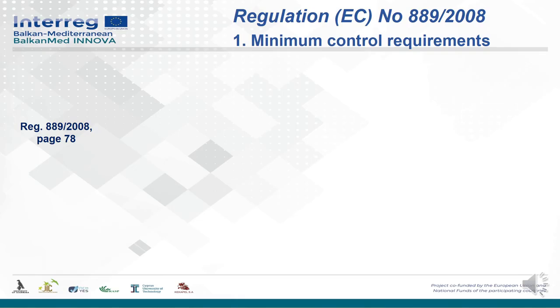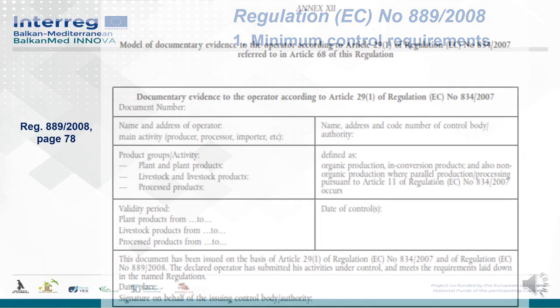Here I will present the Annex 12 that I was referring to in the previous slide in Article 68 of this regulation. If you want to consult it, you can find it in this regulation as Annex 12 on page 78.